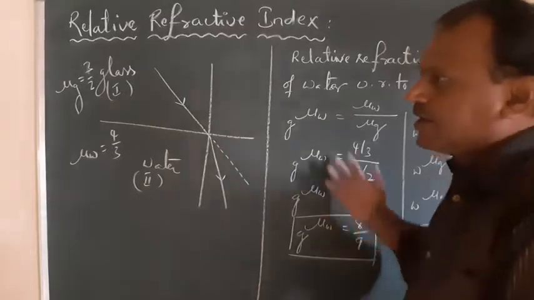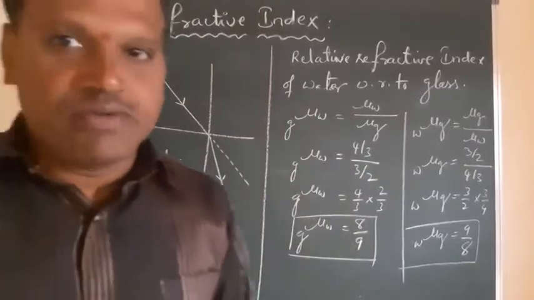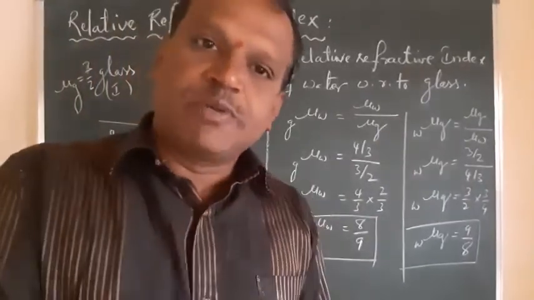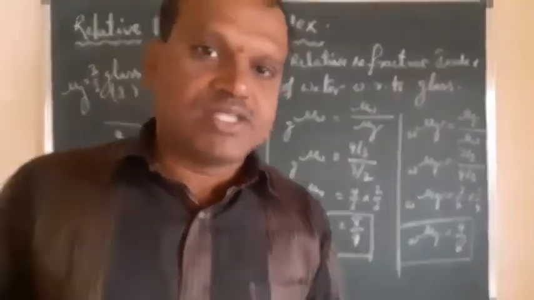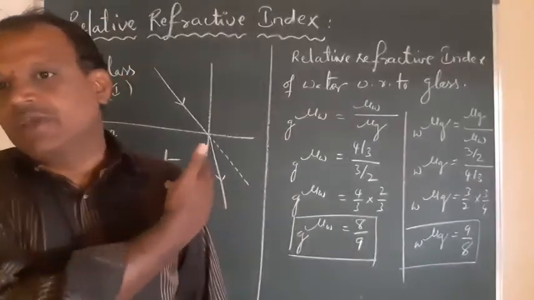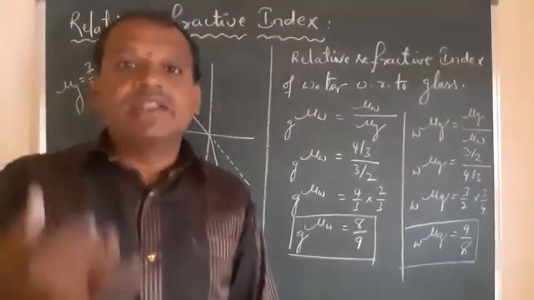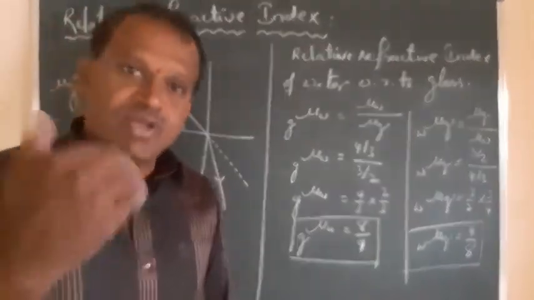So you can calculate any one of these. Like this you can calculate the relative refractive index of glass with respect to water, or water with respect to glass. When any two mediums are given with their absolute refractive indices, generally you calculate like this. Once you know the refractive index, you can calculate their speeds. You can calculate their wavelengths also.